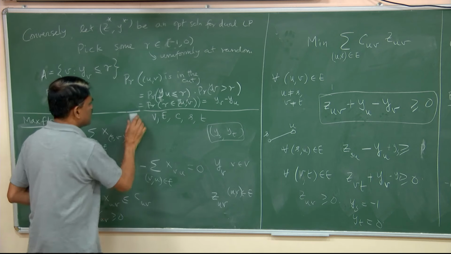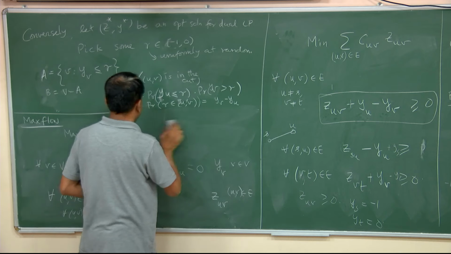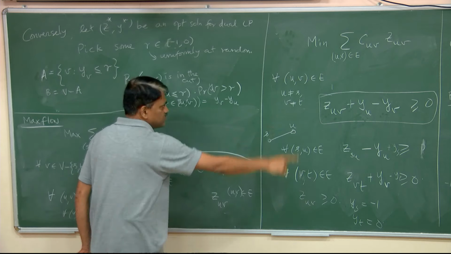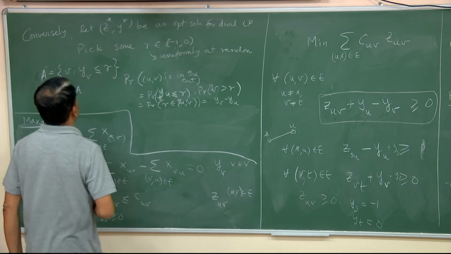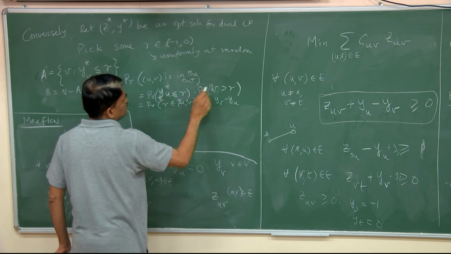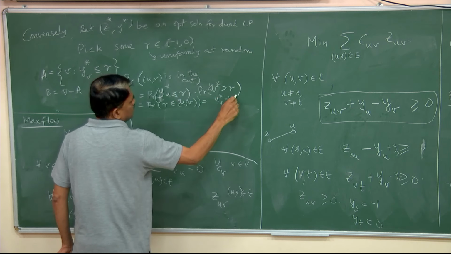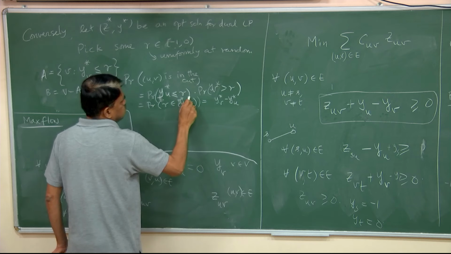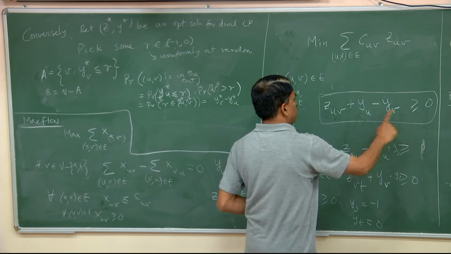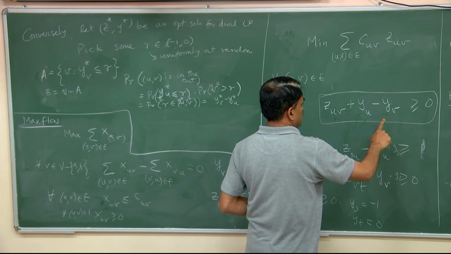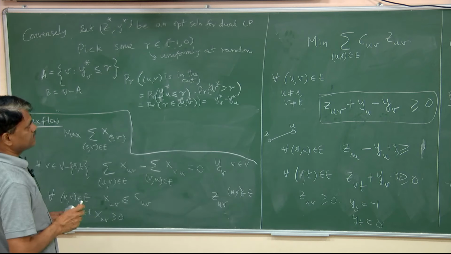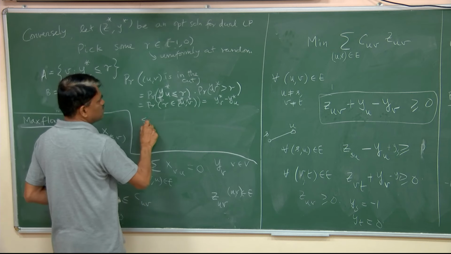But since yV, yU are in the optimum feasible solution, I'm using star, so let me use star. This is the optimum solution, right? But yV, yU are in this feasible solution, so yV minus yU is less than or equal to zUV star.